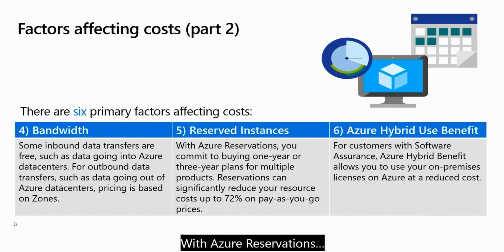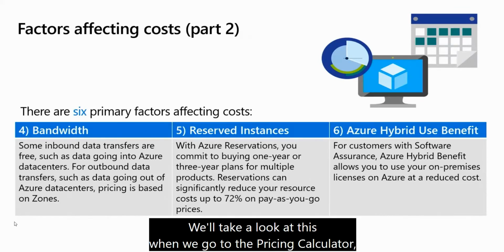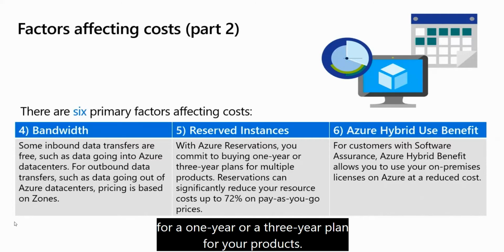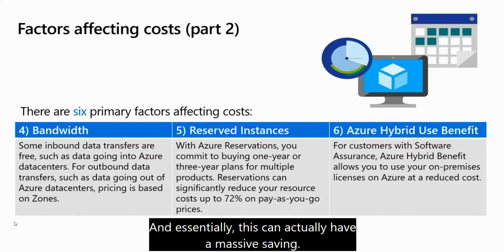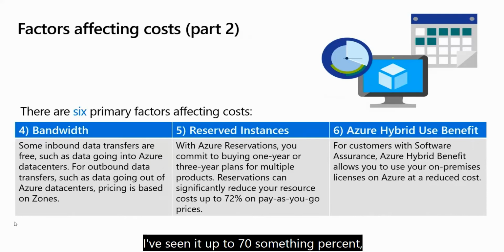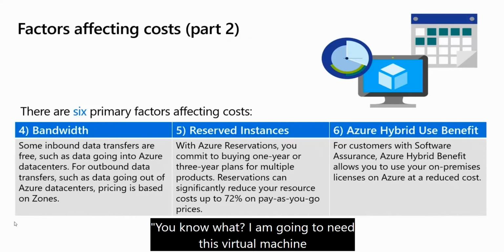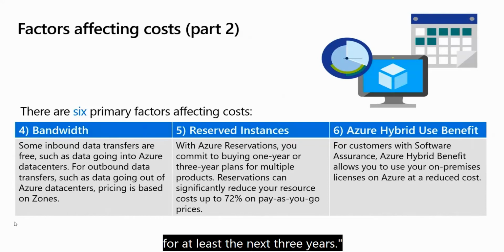Some of the ways that you can save money, first is with your reserved instances. So with Azure reservations, we'll take a look at this when we go to the pricing calculator, but essentially you can commit to whether you want to basically prepay for a 1-year or a 3-year plan for your products. And essentially this can actually have a massive savings. I've seen it up to like 70-something%, but essentially instead of doing the pay as you go, you say, you know what, I'm going to need this virtual machine for at least the next 3 years.